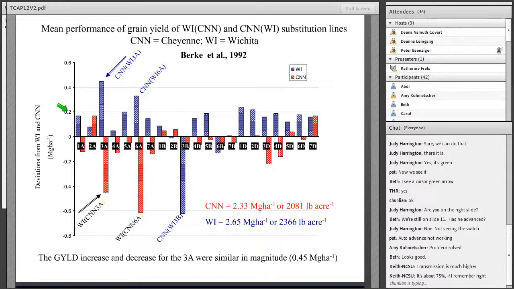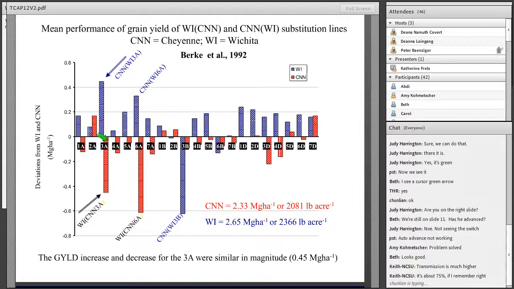And if you count these up, you'll see that, in fact, there are three Wichita substitution lines that are lower yielding than Cheyenne, and it doesn't have to be significantly lower yielding.